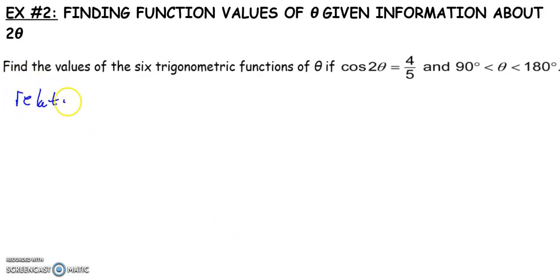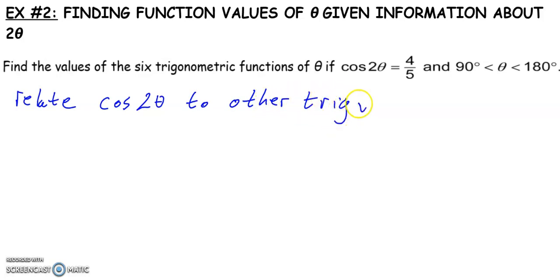So we want to relate cosine of 2 theta to other trig values that just have theta. Now there's a couple of ways that this can happen.